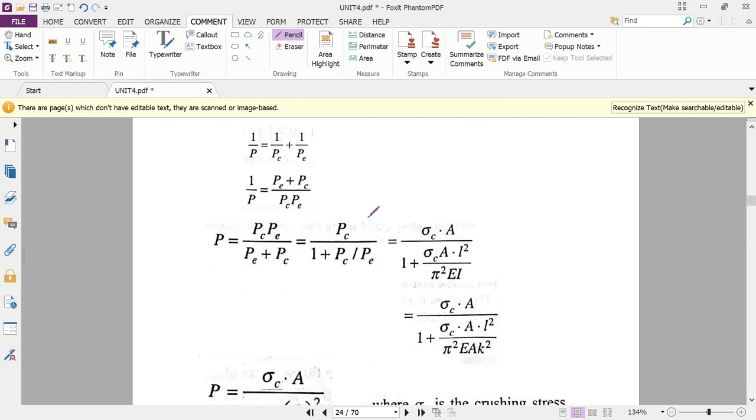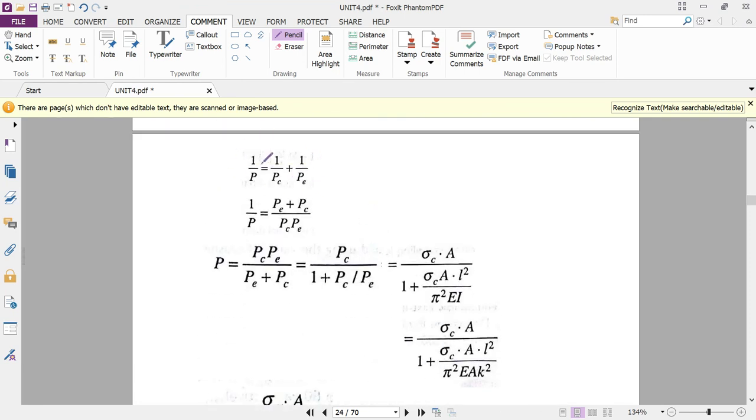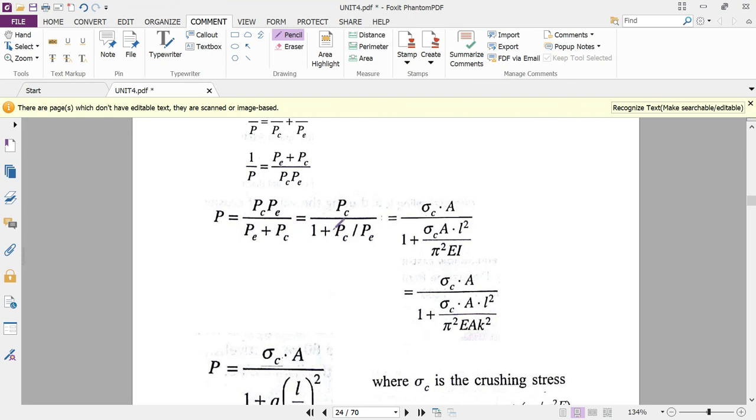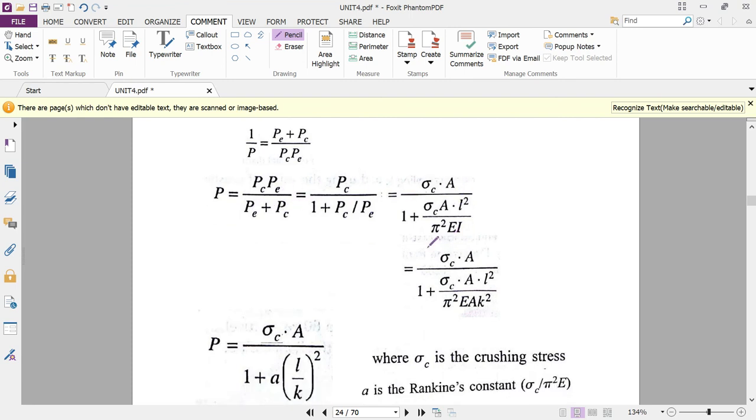So this is the generalized equation. We can write the equation as 1 by P is equal to 1 by PC plus 1 by PE. Now if you rewrite this equation, it can be written as 1 by P is equal to (PE plus PC) by PC PE. Now if you solve this in a proper way, you will finally get the value as sigma C A divided by 1 plus sigma C into A L square by pi square E A K square.